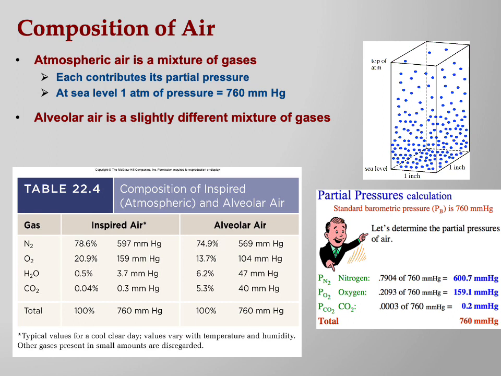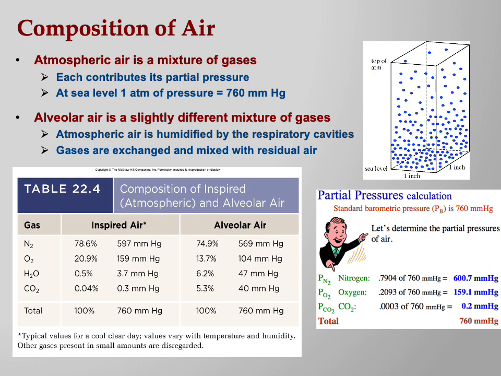So your lungs have a much higher concentration of CO2 than the outside air does, all right? And atmospheric air is humidified by the respiratory cavities, all right? We add water to it, so we also have more water vapor in our lungs than is in the outside air. And gases are exchanged and mixed with residual air.